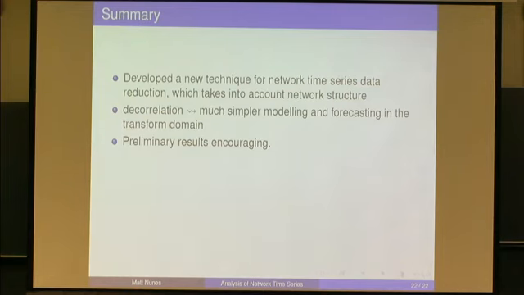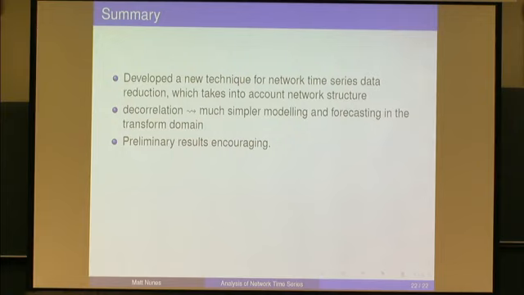The preliminary results of this are encouraging, meaning that in all of the examples of highly structured network data, whether you're constructing the network yourself or having a physical network there, it seems to perform quite well. We're not saying that we're coming up with necessarily a new forecasting method. We're saying come with your own forecasting method and shove it into this pre-processing and post-processing transform.